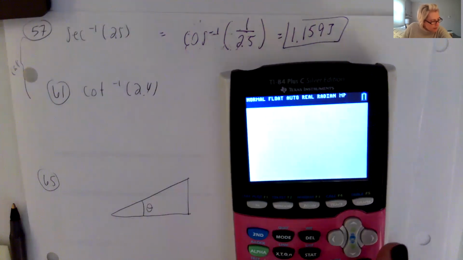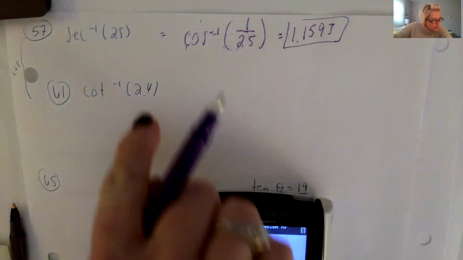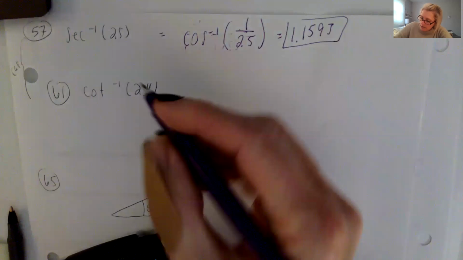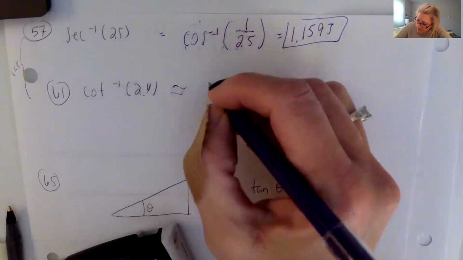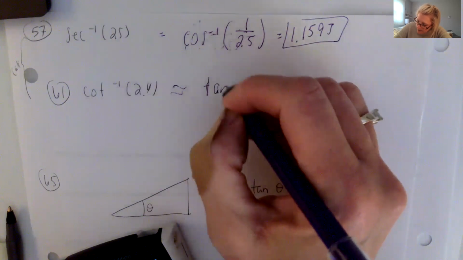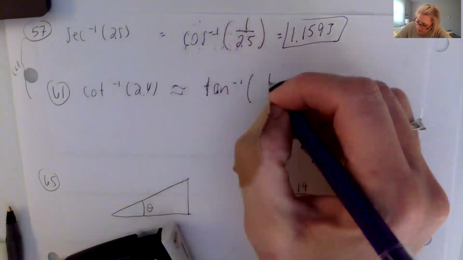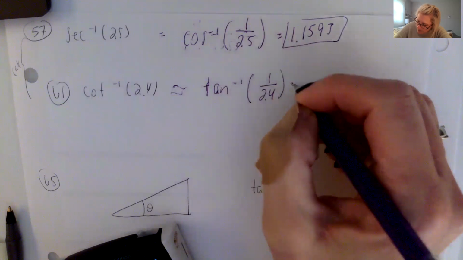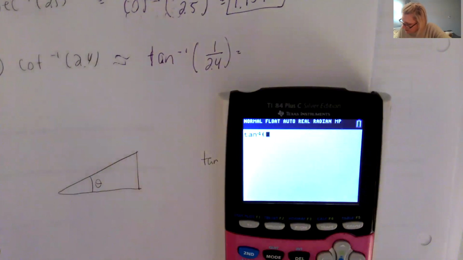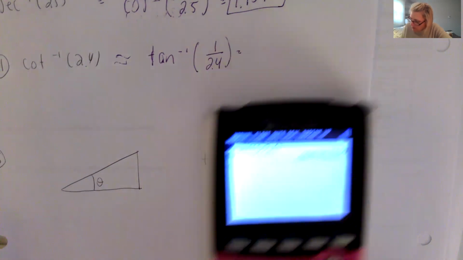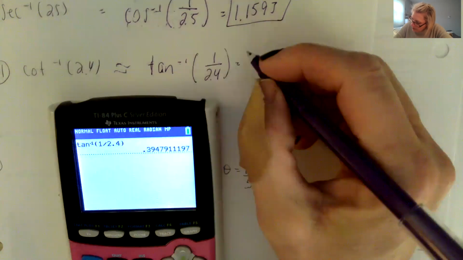Now 61 says find the inverse cotangent of 2.4. So cotangent is the same as the inverse tangent of the reciprocal, so 1 over 2.4. So we're going to do the inverse tangent of 1 divided by 2.4, and we get 0.3948.